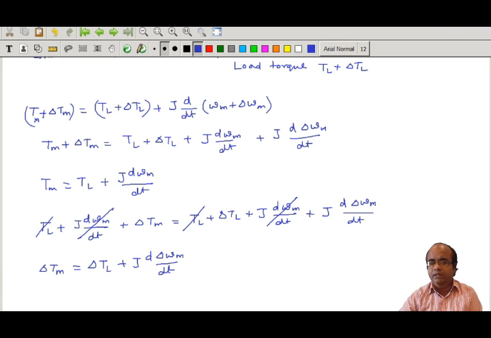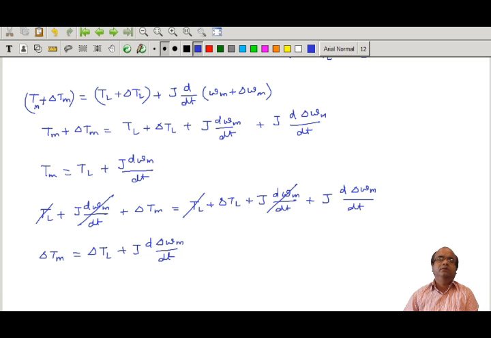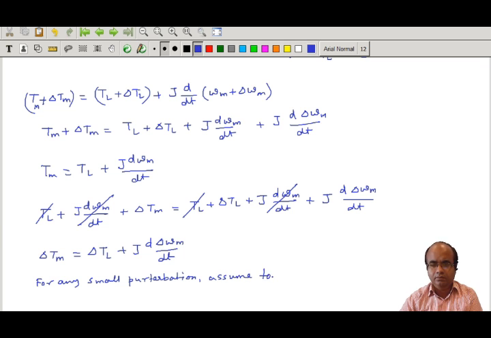Now, for any small perturbation, we can consider the speed torque characteristics as linear, assuming the torque speed curve is a straight line.